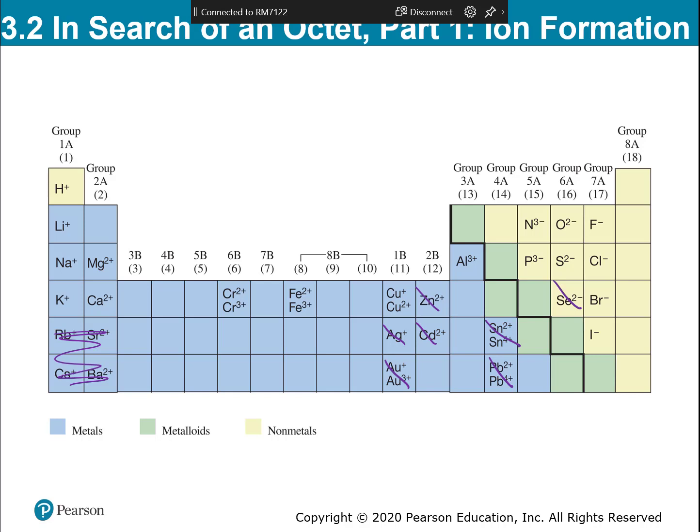So for example, if you have iron chloride, okay? So when you look, iron can have a +2 or a +3 charge. So when you go to make a formula, you need to know which one it is. Is it iron +2 or is it iron +3? Which one is it? Because they're going to make different formulas.